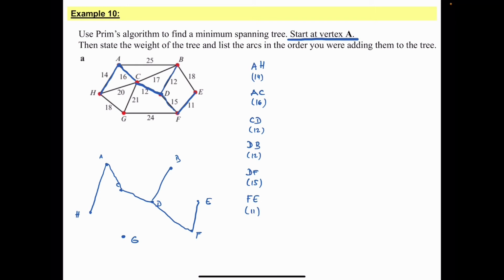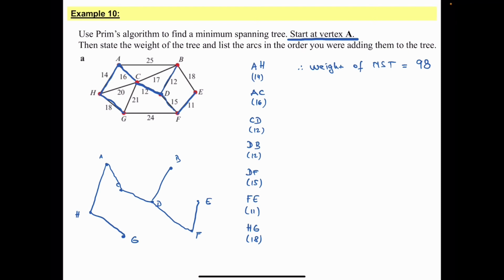And the last one is HG, that's 18. So that's the weight of the minimum spanning tree. When you add it, this is 30, 42, 54, 69, 80, and if I'm not mistaken, it should be 98.